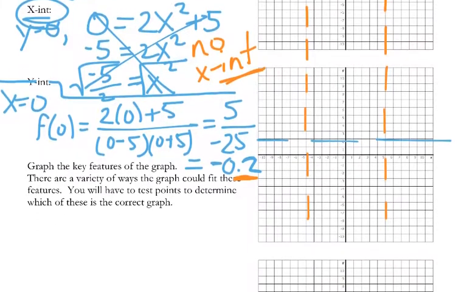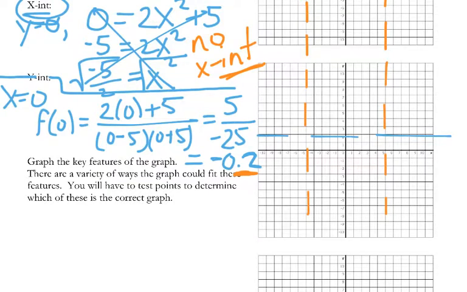The key thing to remember about horizontal asymptotes is they tell you about the ends, what's happening as you go to infinity and negative infinity. They don't actually tell you what's happening in the middle. So you can erase it if there's a middle section, or choose to ignore it in the middle.